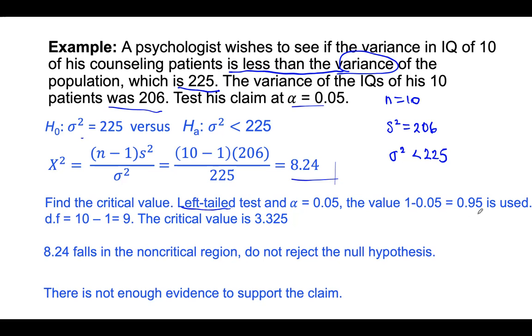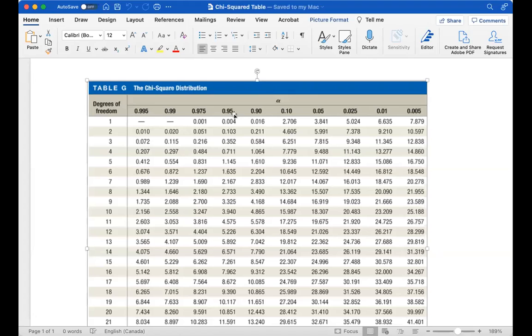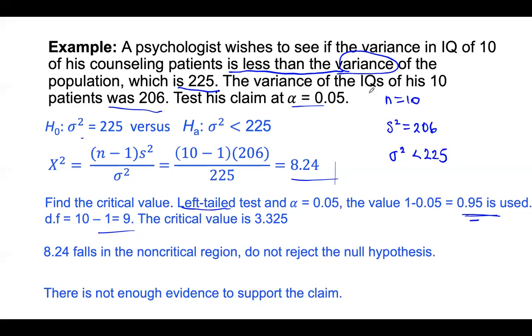So we use 0.95, and we look this up in the table with this degrees of freedom. So 0.95, our degrees of freedom is 9, so it's 3.325 right here. So this value right here is that critical value. So we get that value of 3.325.